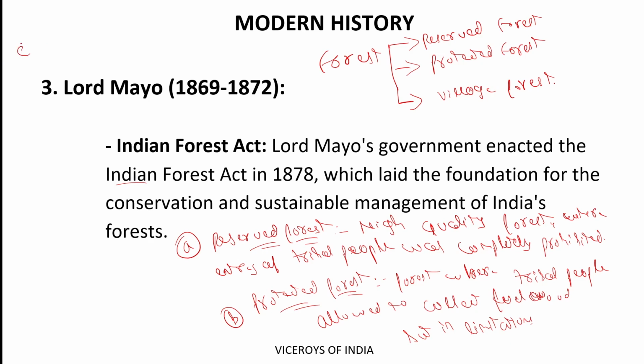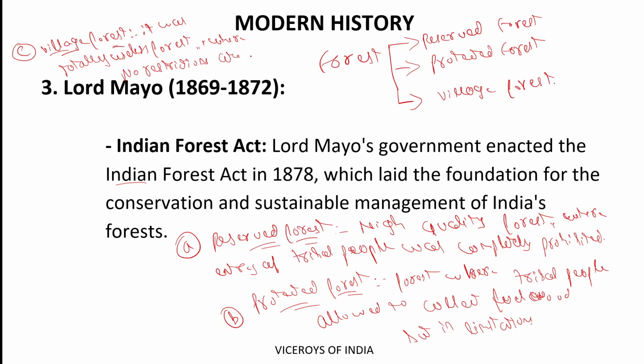And the third category, the village forest, was basically totally useless forest where no restrictions are there. So this was the division introduced by the Indian Forest Act.